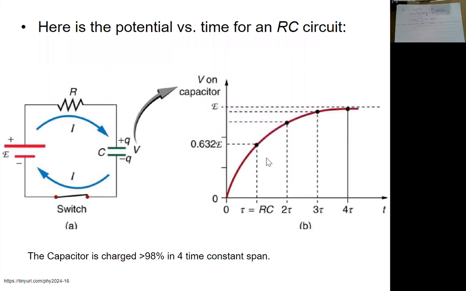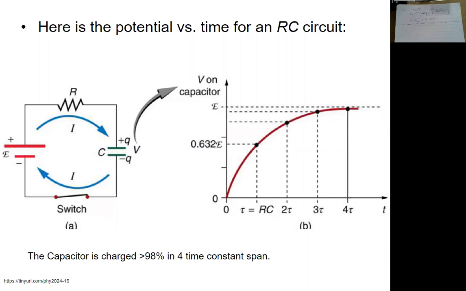So if you charge a capacitor and plot it, this is what it's going to look like. The voltage on the capacitor will increase and then saturate at some point later. When your time t is equal to 4 times the time constant tau, you are already at about 98% of the full voltage that the battery can supply.